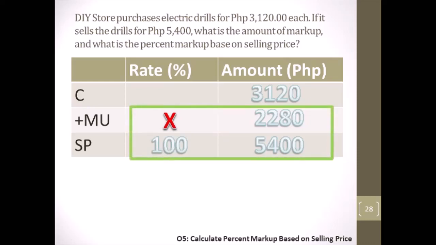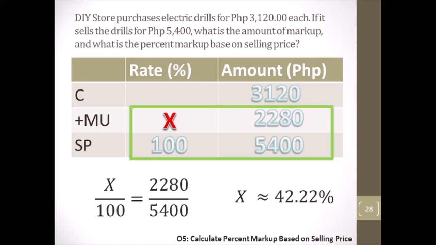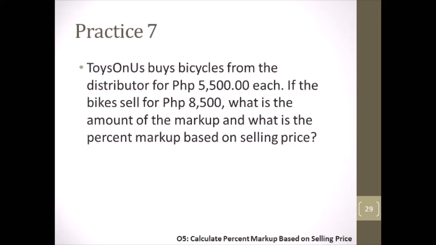And the proportion is this one. Cross multiplication, you will get 42.22% as the markup rate based on selling price. Your turn. Next item.